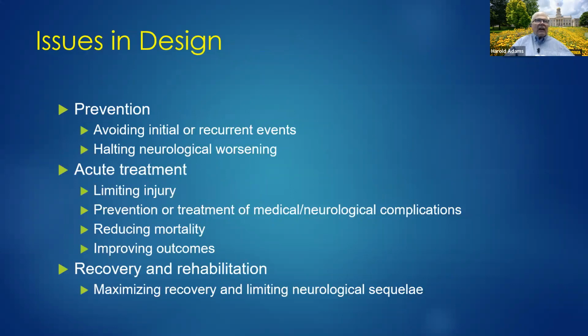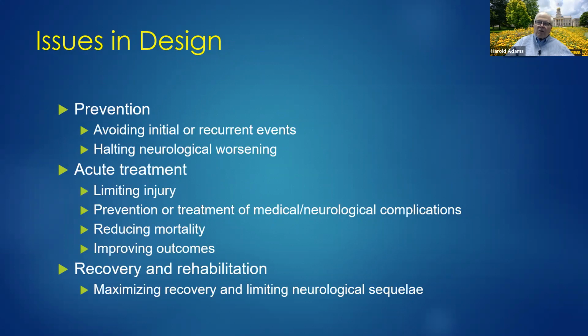Now, when we design, we want to think about what kind of trial we're doing. We can do a prevention study that prevents neurological worsening or recurrent events. These would be obviously extremely important in multiple sclerosis.